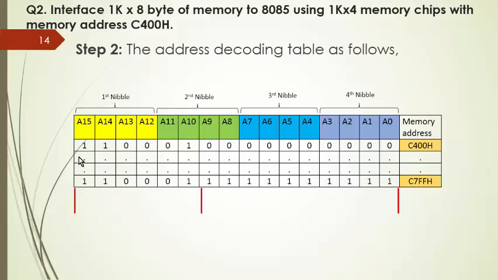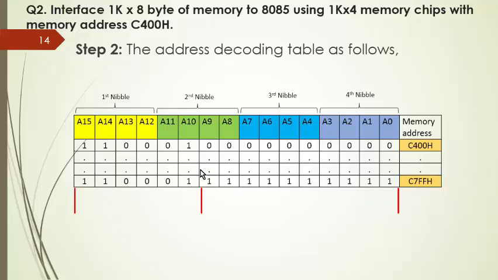Then to find the final address you have to separate the address lines. To get 1 kilobyte of memory capacity we require 10 address lines, so A0 to A9 we will separate from A10 to A15.